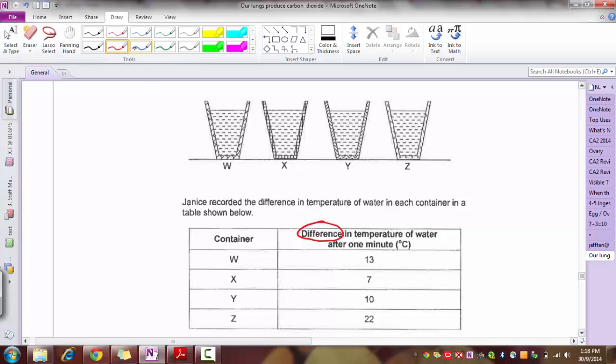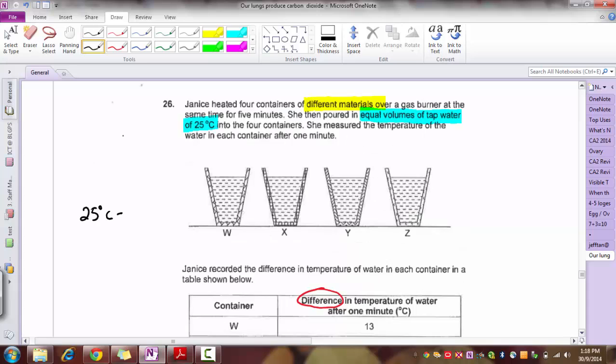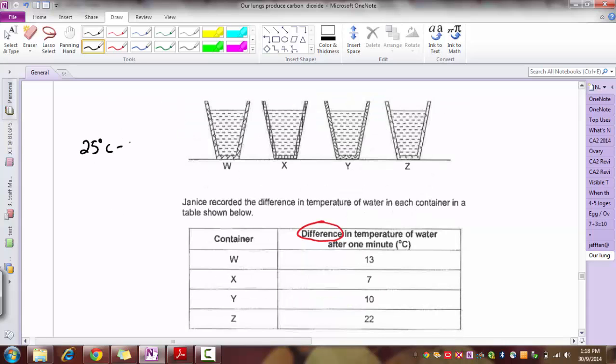To explain this, let's take an example. We started off with 25 degrees. Everything starts off with 25 degrees Celsius. Let's say after 1 minute, the temperature becomes 20 degrees Celsius. What is the difference? The difference is 5 degrees Celsius. That's what they mean by difference. So what does that tell us?